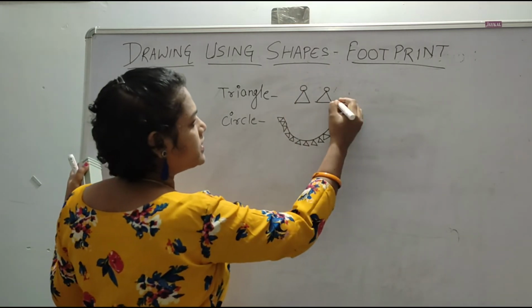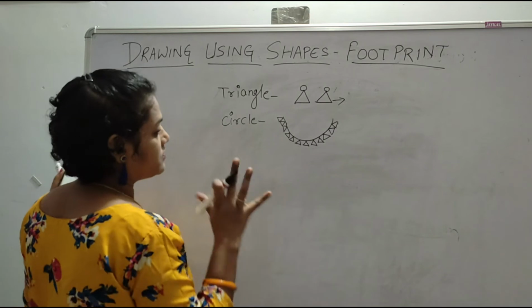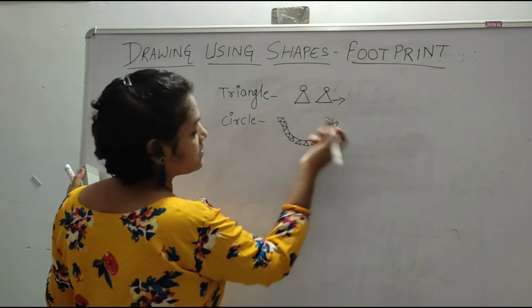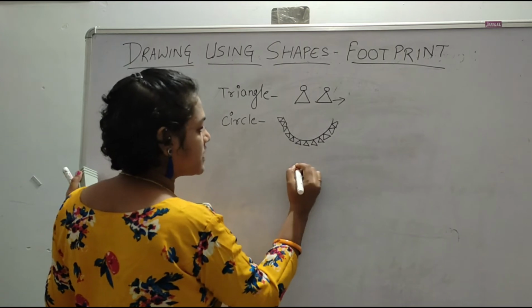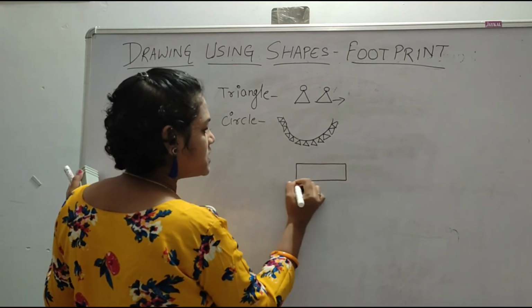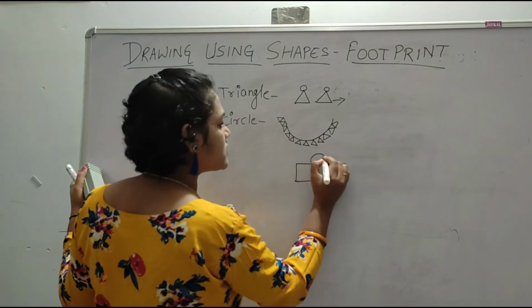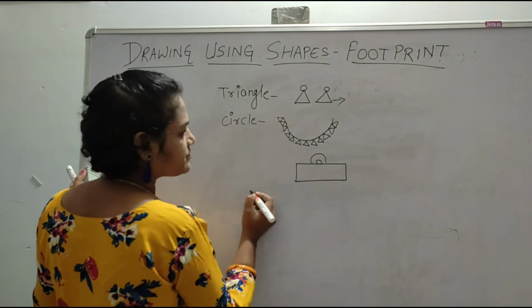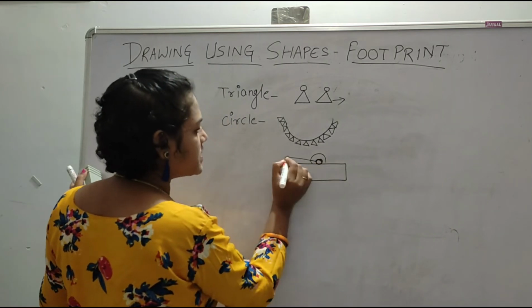So what I told here, this can be an earring, which many people wear. This can be a small necklace, or you can draw any rectangle shape. Ladies hold a purse like this. Again, I am using a circle here.